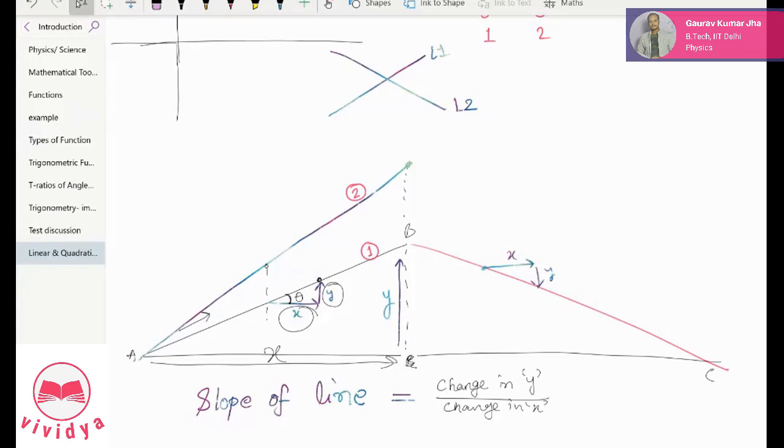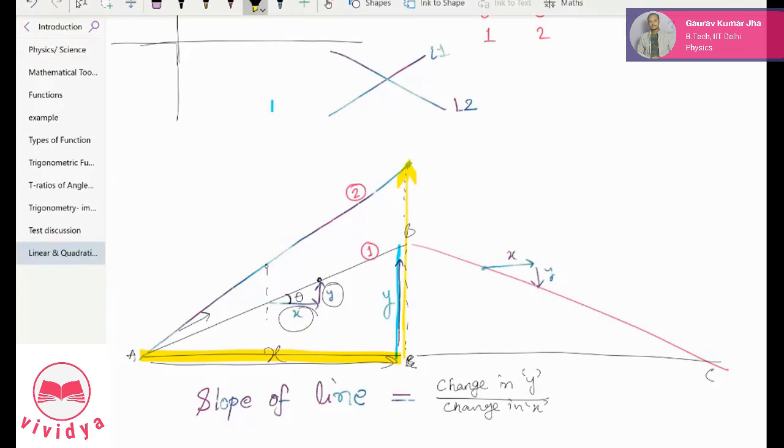Let's see the slope of line 1 and 2. What is the difference? What I was trying to explain is the change in x is the same here for line 1 and 2. But change in y in this line is this much. So in which case is the change in y more?